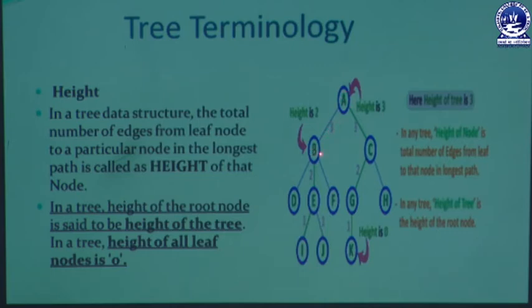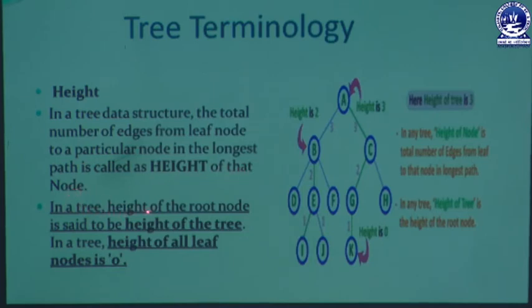If we ask from this location, then the height is 2. If we ask from this location, then the height is 1. So height is the number of edges on the longest path from a leaf node to a particular node, and that is called the height of that node.